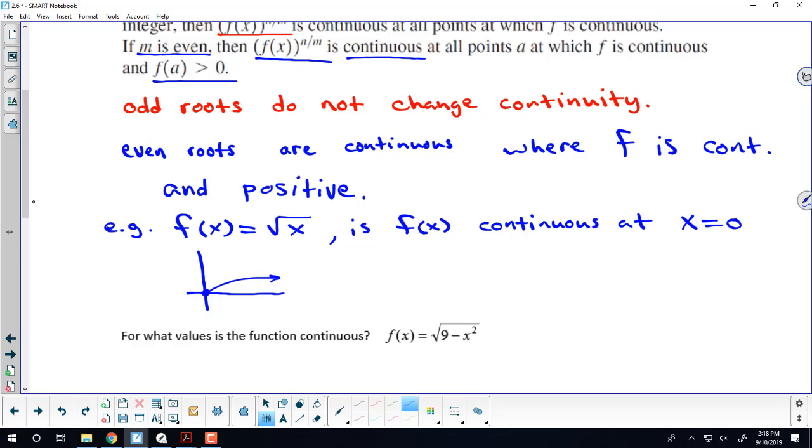As far as continuity goes, especially with even roots, you have to be mindful of the domain of the function. Can I approach it from both directions? No, the function is only continuous on this interval.